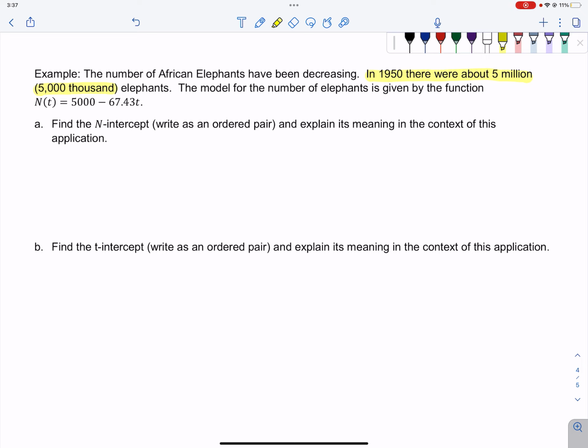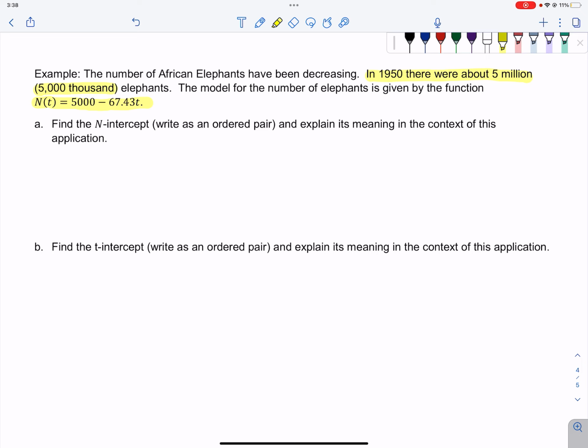The model for the number of elephants is n(t) = 5,000 - 67.43t. It's given to us in function notation, with n(t) instead of a variable like y.